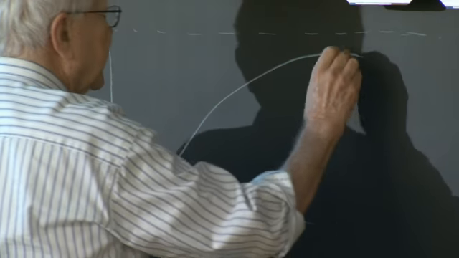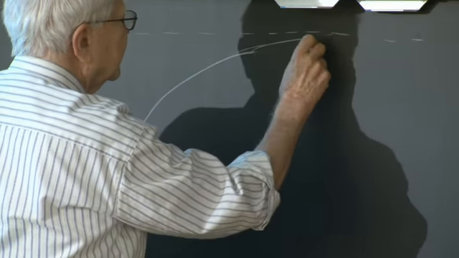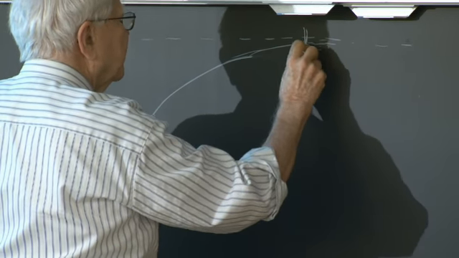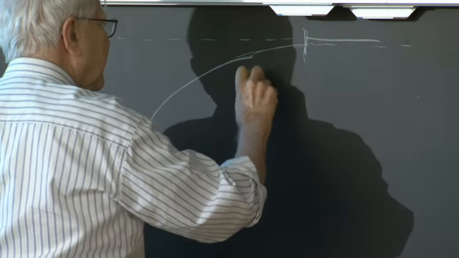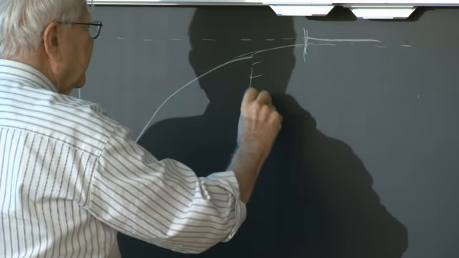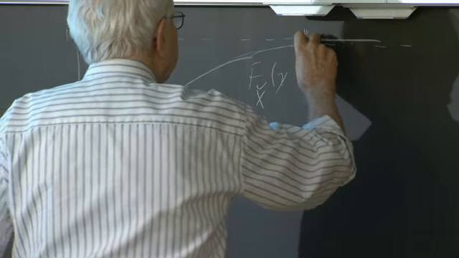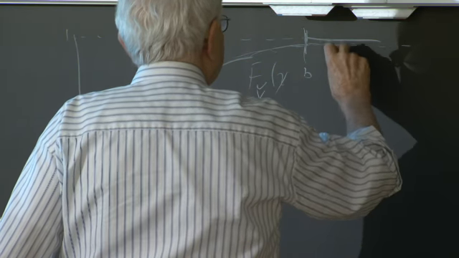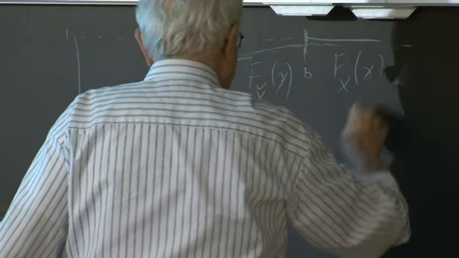This is 1 here. This is supposed to be going up towards 1. And you truncate it at some point b. So this is the truncated version, which stops at b. And this here is the actual F_X(x).